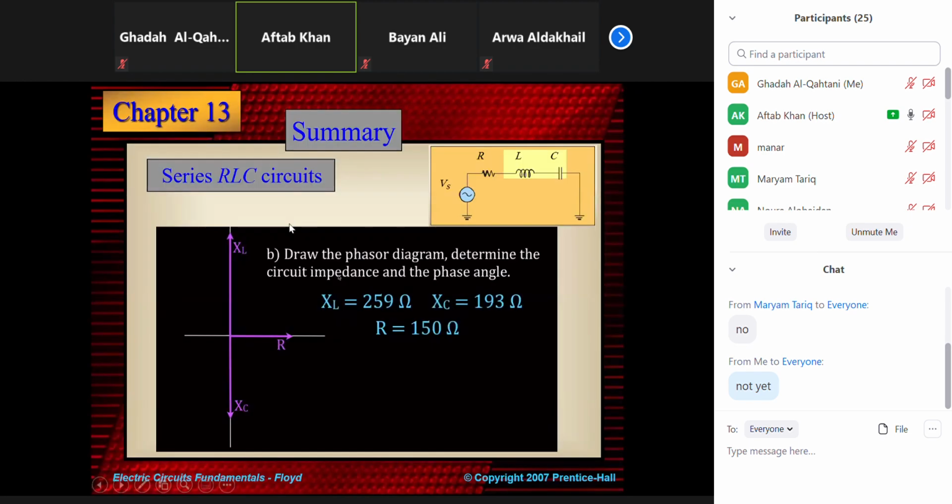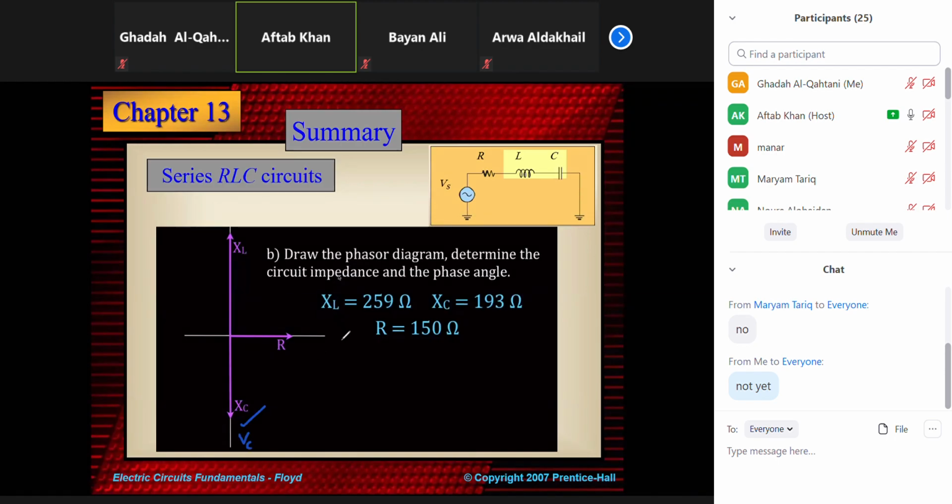What do we call this one? The impedance phasor diagram. So here R is in the positive X direction, and we already know about XC. XC is in the direction of VC. Voltage is also there, we know that one.